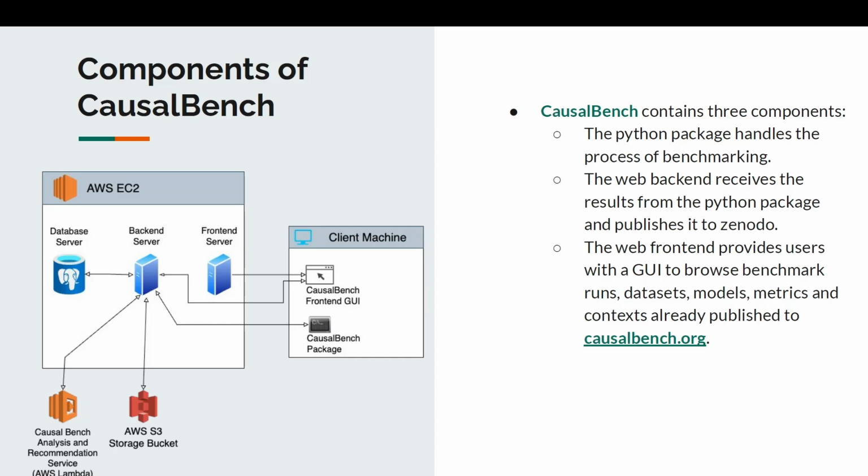The Python package handles everything that runs on your system. It clones the datasets, models, metrics, and the context that needs to be run, and it orchestrates the experiment on your machine using the benchmark context. Once the experiment is run, it also handles uploading all the results to the backend server.